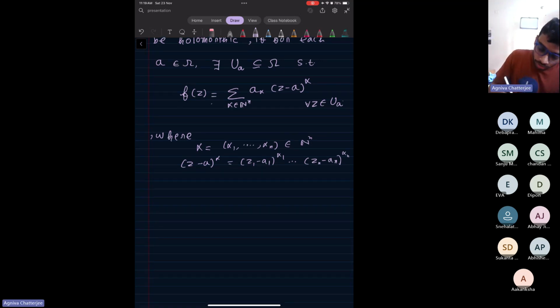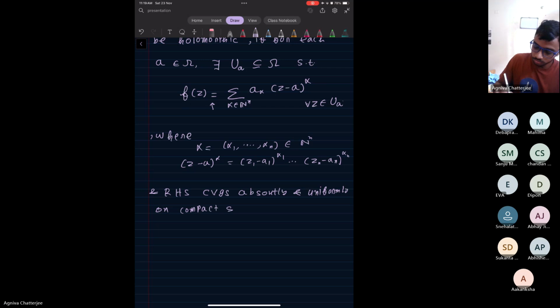And what about the convergence? What is the mode of convergence of the right hand side? The right hand side converges absolutely, that is, the norm of these terms converges absolutely and uniformly on compact subsets of U_a.